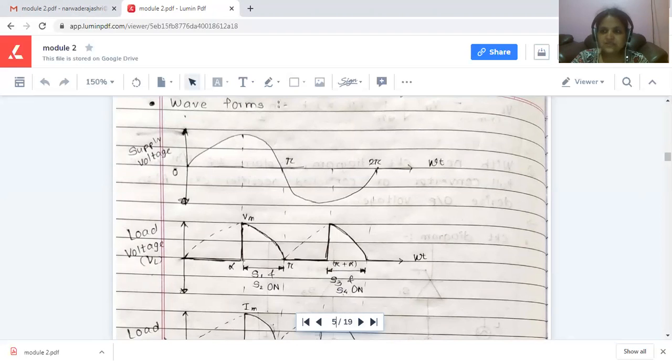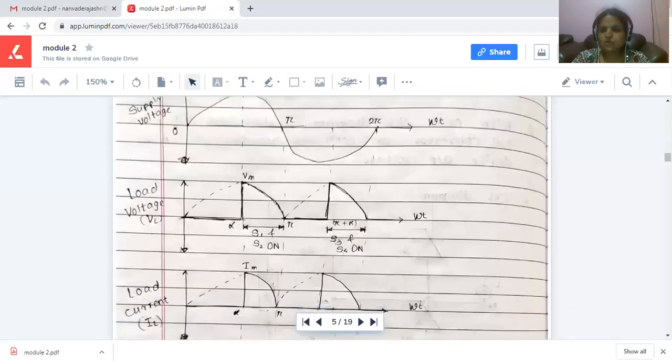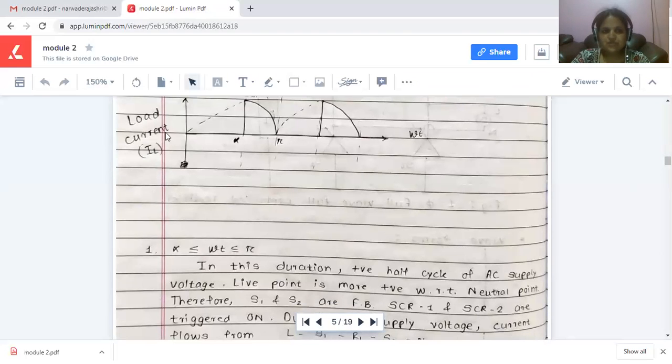SCR3 and SCR4 are on when the neutral point is more positive with respect to the live point. At this time SCR3 and SCR4 are forward biased and SCR1 and SCR2 are reverse biased. So this is the explanation of the circuit diagram and waveform.